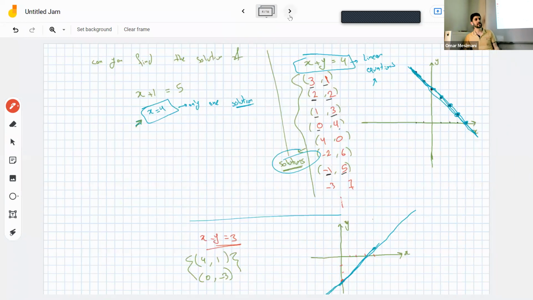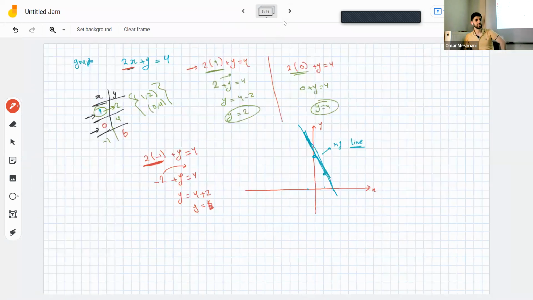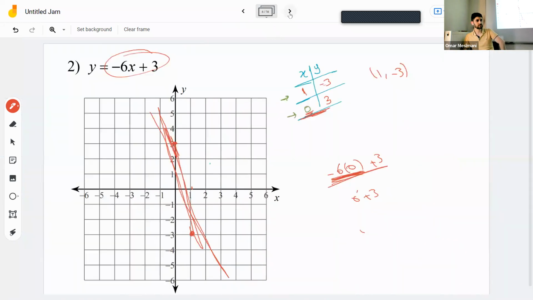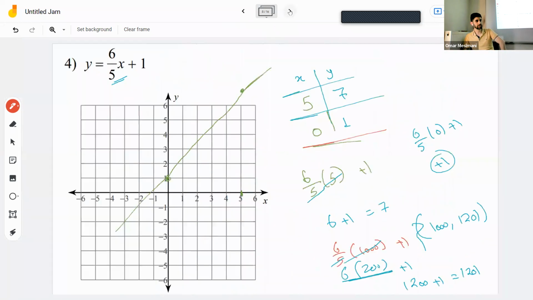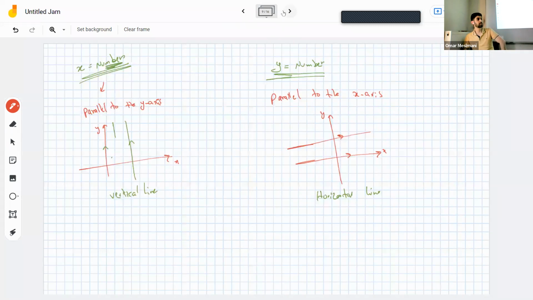Then we talked about the linear equation, what the solution is, how you find solutions, and then we graphed some examples. Then we talked about the equations x equals number and y equals number. X equals number means the line is parallel to the y-axis. Y equals number means the line is parallel to the x-axis.